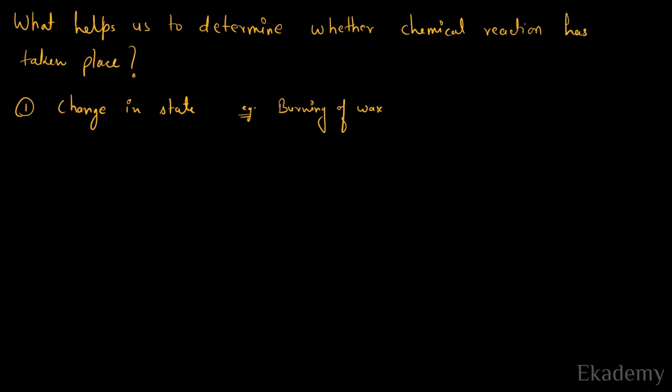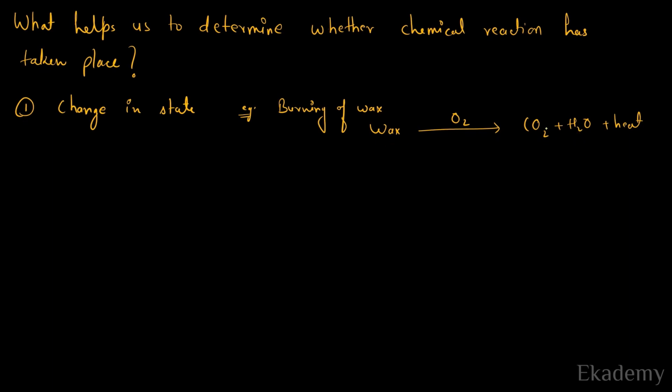That means oxygen is required. So the substance combines with oxygen to form product. Mostly these products are oxides. So in this case, wax, which is solid or maybe liquid, burns in oxygen and forms carbon dioxide, some amount of water, heat, etc. These are the major products, carbon dioxide and water, formed in this reaction.